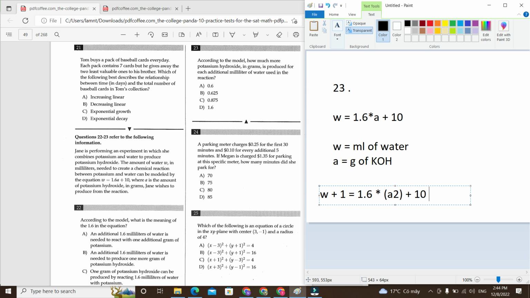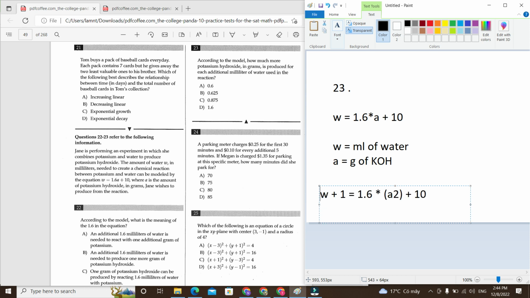So the model is still the same, right? We add more water in, so W now becomes W plus 1, and now we have to find out A2 in relationship with A.